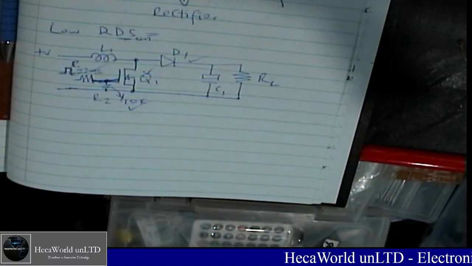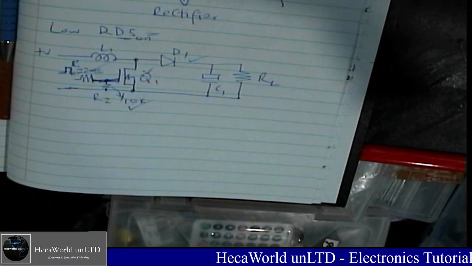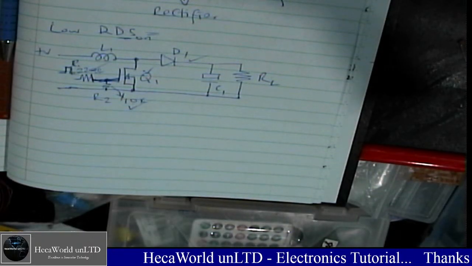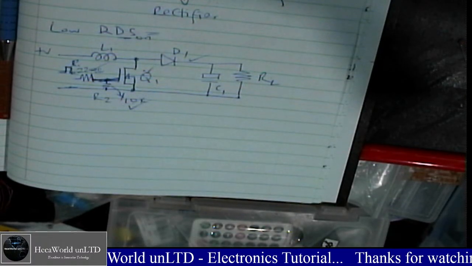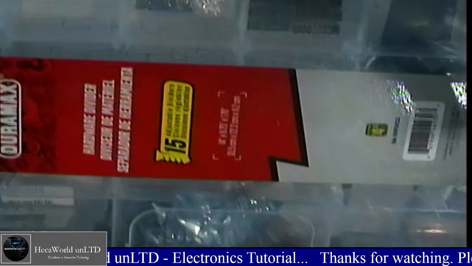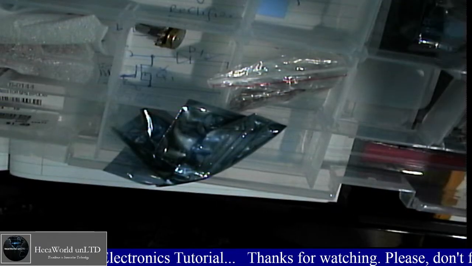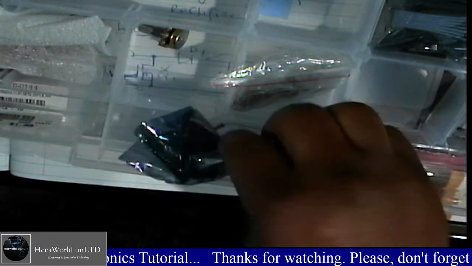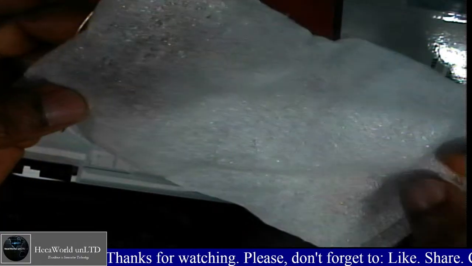Where are my capacitors? Let's go to the trove, see if we can find something. Not in this trove. No, not in this trove. We have other capacitors, but these are resistors actually.